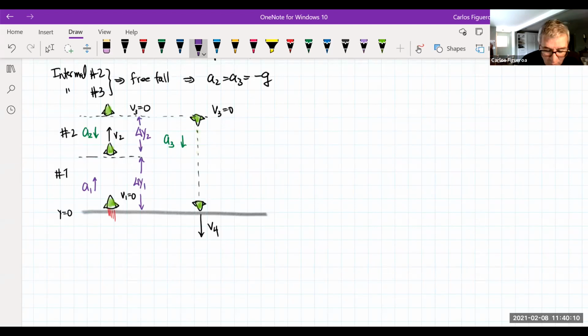So if I want maximum altitude, this guy, which I'll call y max, should be delta y1 plus delta y2.